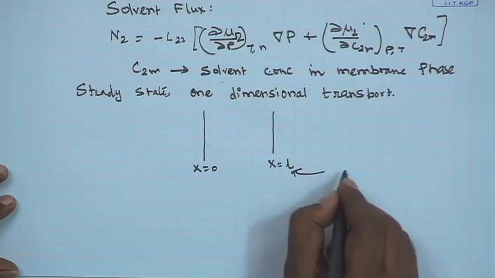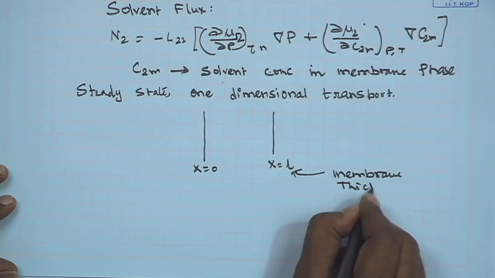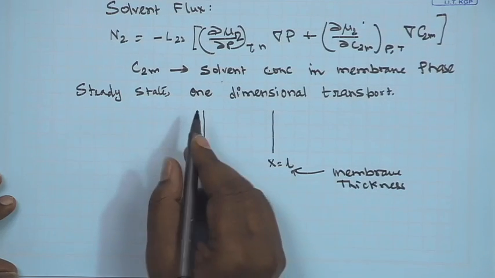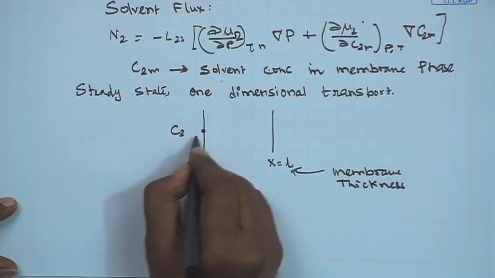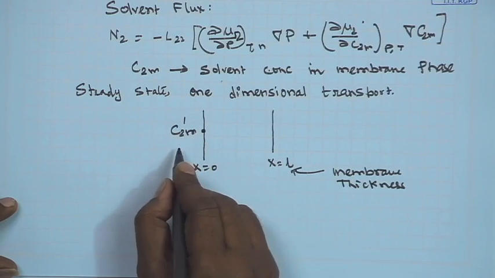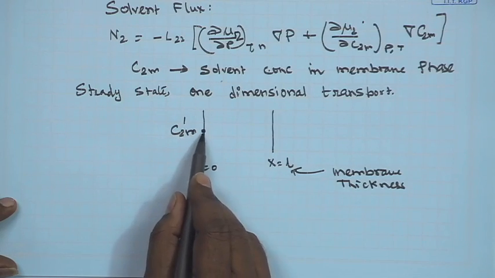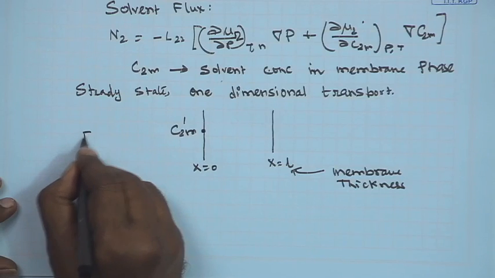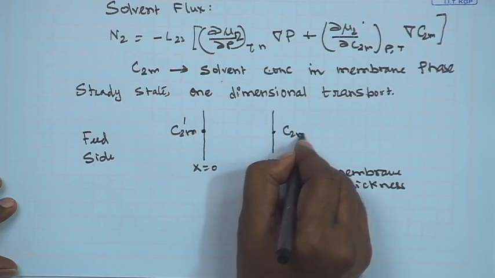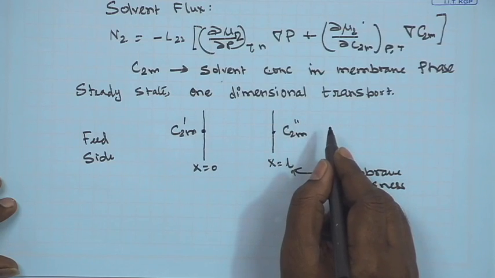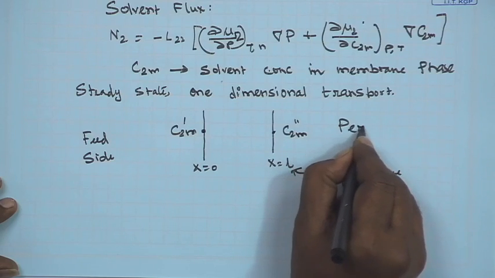C_2m prime is the solvent concentration of species 2 on the membrane surface on the upstream, the feed side, and C_2m double prime is the concentration of solvent 2 on the membrane surface on the filtrate or permeate side.